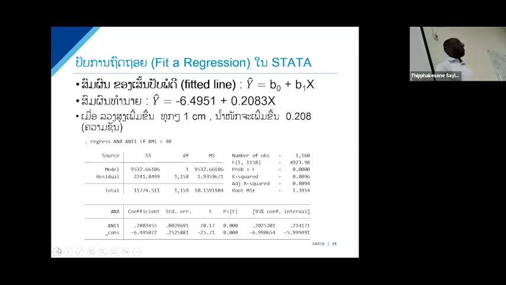I will reject the null hypothesis. Why? Because it doesn't contain 0. 0 is not a plausible value for this confidence interval. So I'll have to reject it at the 5% significance level.